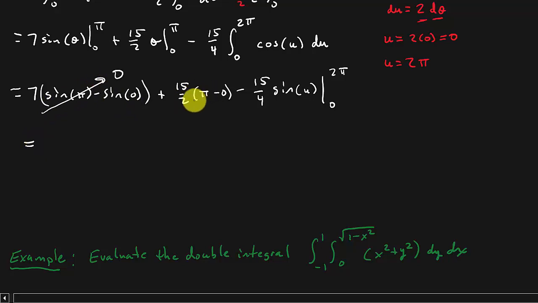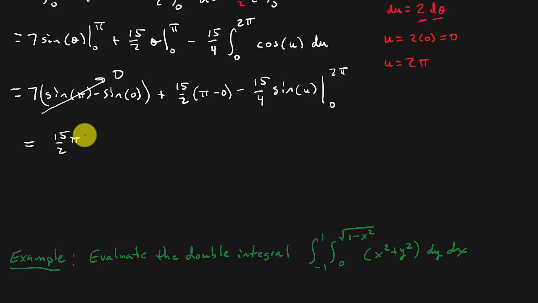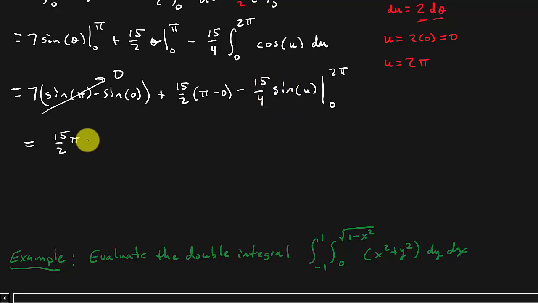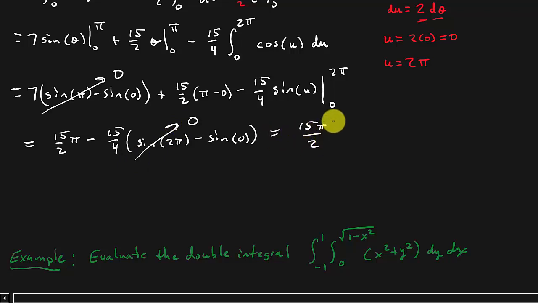And so this is 15/2 pi there. And then this part right here, that's going to be minus 15/4 times sine 2 pi minus sine 0. That worked out nice because this in here is 0, so this whole thing goes to 0, and so I just get 15/2 as my answer.